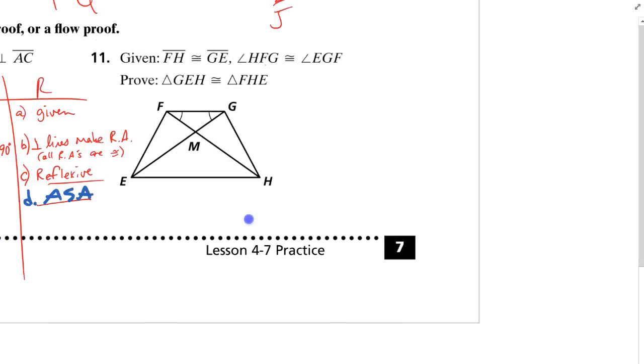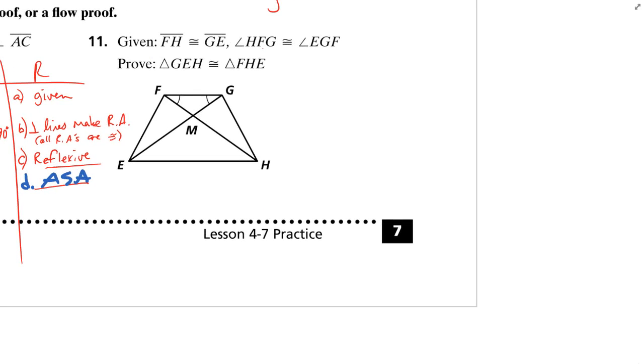On to number 11. We have these two sides are congruent, FH, all the way from here to here, congruent to GE, from here to there, and we have this angle. Well, you know what? That kind of makes me think of a triangle like this, doesn't it? And another triangle over here, and I bet we could prove those are congruent.